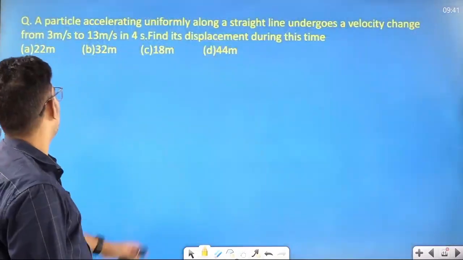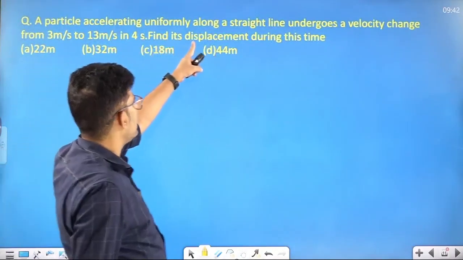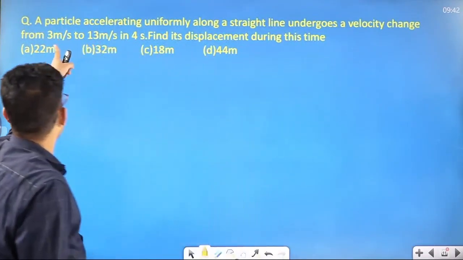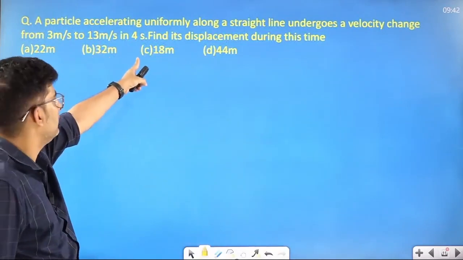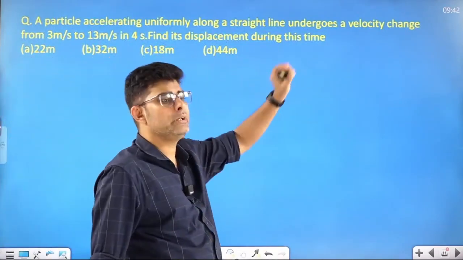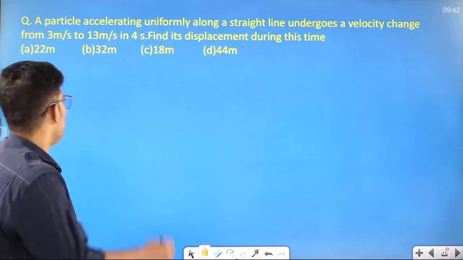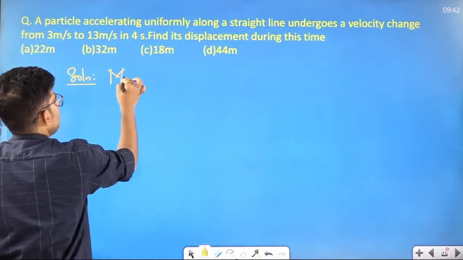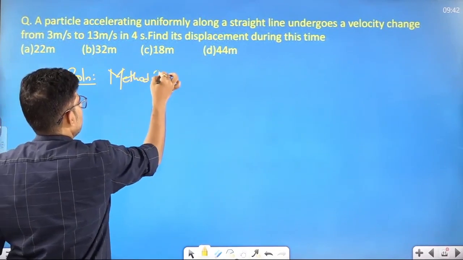Okay, let's come to the question. A particle accelerating uniformly along a straight line undergoes a velocity change from 3 to 13 in 4 seconds. Find its displacement during this time. Now, generally students will solve by which method? Let's see. Method 1.